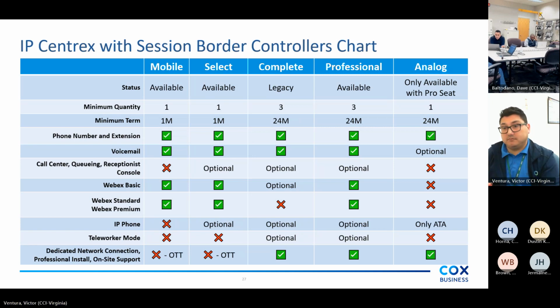We also have an analog seat. That's typically installed with a professional seat or a professional installation in which the customer can use an ATA, or analog terminal adapter, to convert an IP phone line back to analog. In some rare situations, the customer might use this for a fax machine.